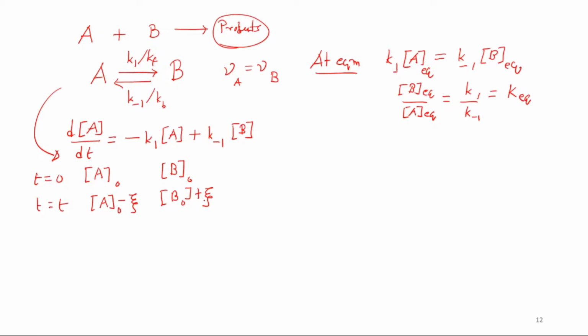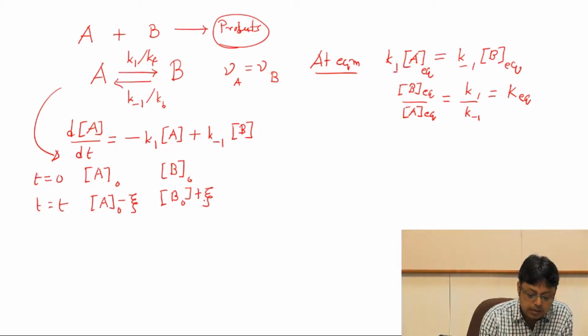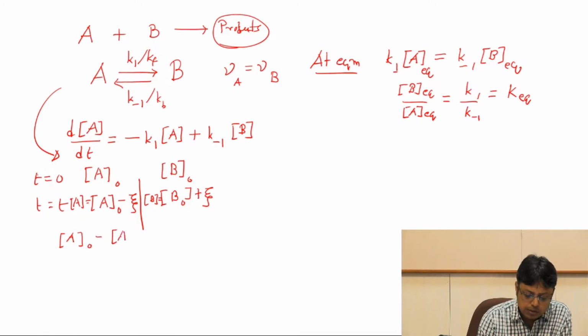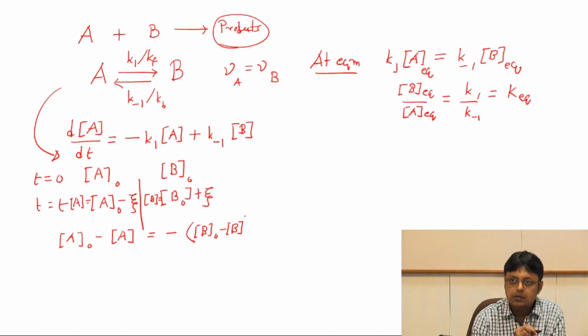So now you can see if I just eliminate the xi, this is nothing but A at any time, and this is nothing but B at any time. And so if we equate the expression for the xi with respect to A and with respect to B, we will find that at any point A0 minus A will be nothing but negative of B0 minus B. That will always follow because we just wrote it for any arbitrary time.